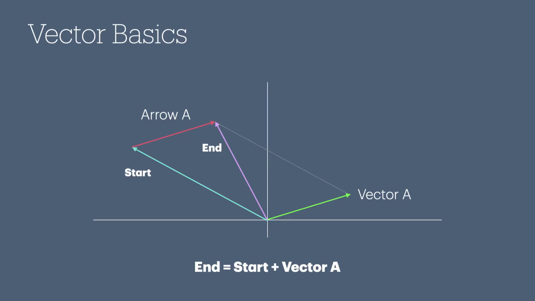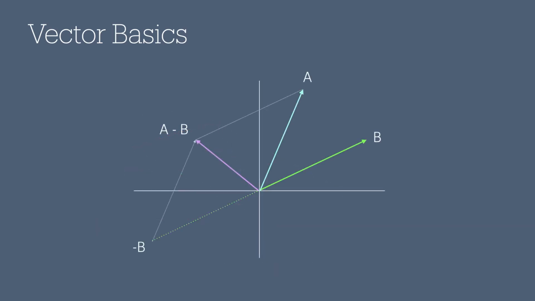We can also see this by looking at vector subtraction. Recall that to subtract vectors A and B, you can add A to negative B, which is the vector that points in the opposite direction with the same length.